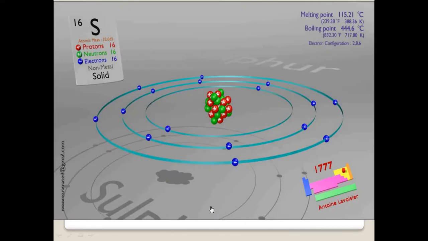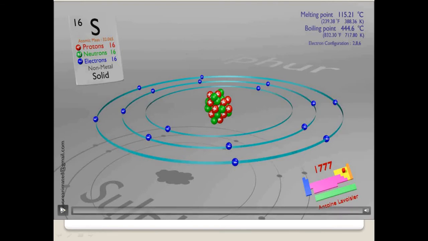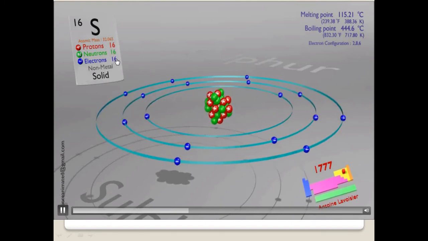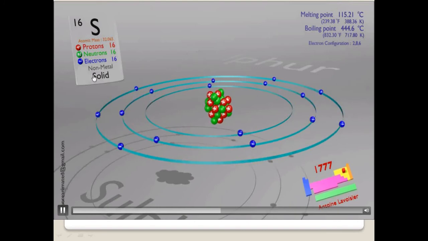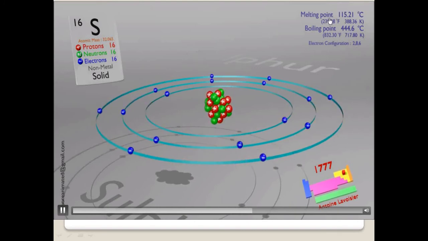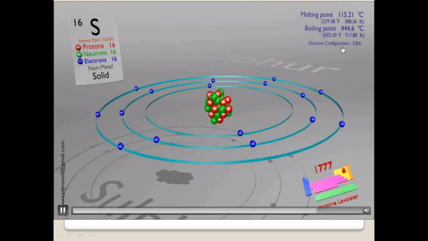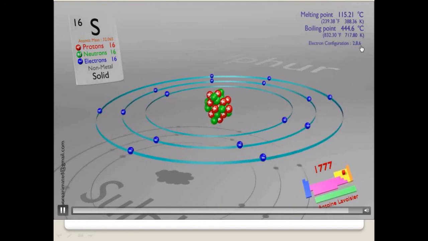Let's see a video for this. It has mass 32, then 16 protons, 16 neutrons and 16 electrons. This is a non-metal solid with a melting point, a boiling point, and the electronic configuration is 2, 8, 6.